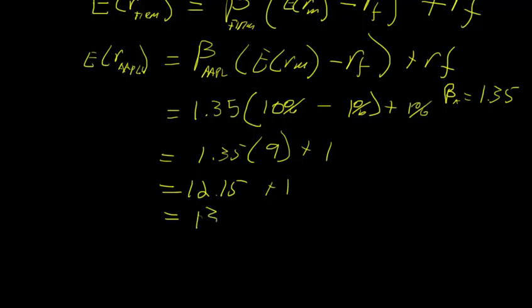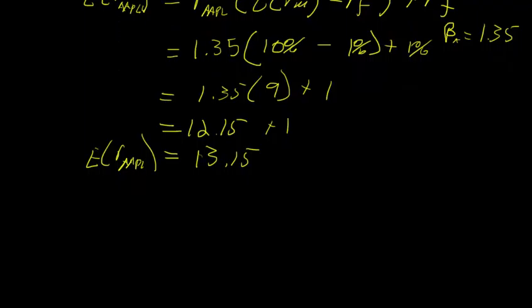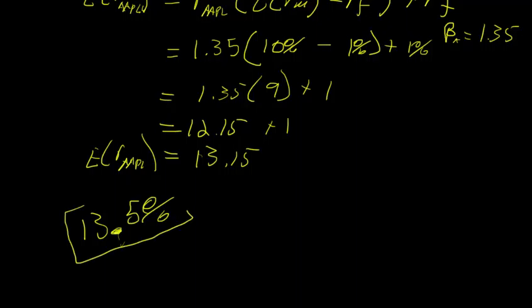So that's equal to 13.15, and that is the expected return of Apple. What does that tell the investor? That tells the investor that if they were to invest in Apple, they would require a 13.15% return. This is the basic expectation of the investor.